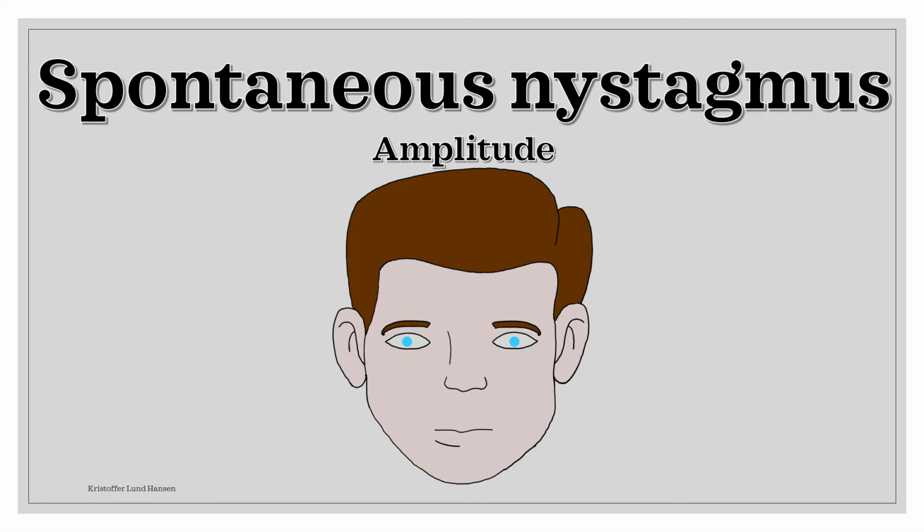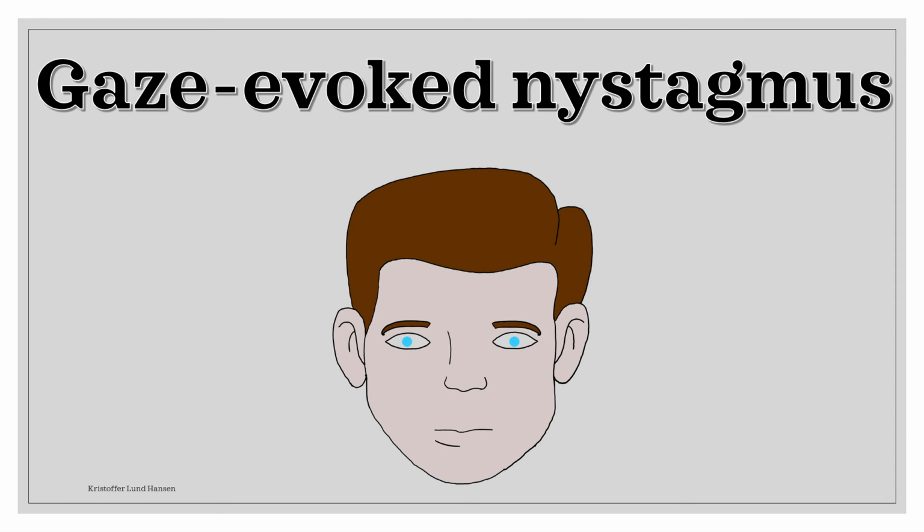And lastly, the amplitude. Amplitude describes how far the eyes move from their original position. The amplitude can be low, as in the eyes move just a little, and it can be high, where the eyes move further away towards one direction. So that was spontaneous nystagmus.